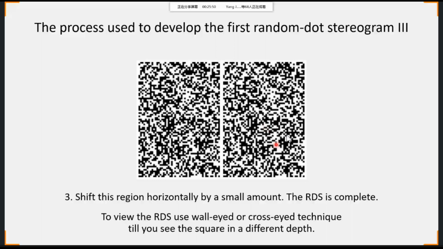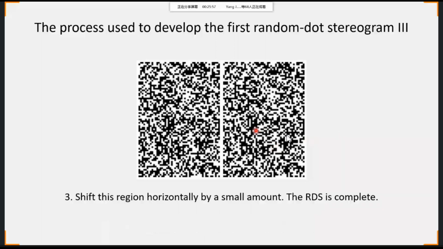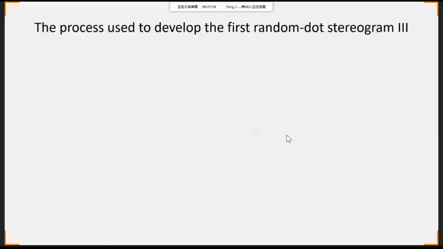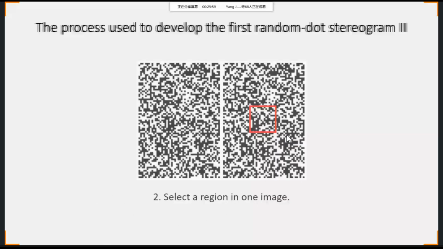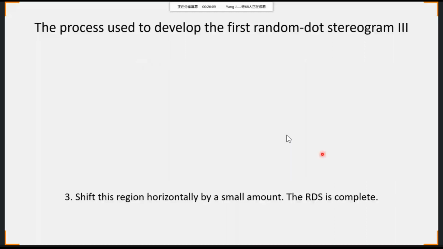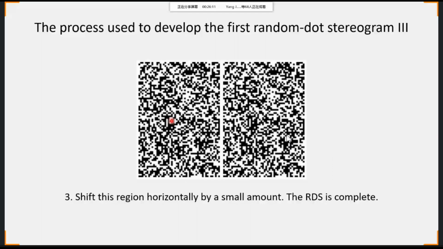And then it's complete. That's all. The part that you move, you just move in the right image. So there's no change in the left image. Therefore, in the final version, the two images are not identical, because there was this slight movement of this square area.